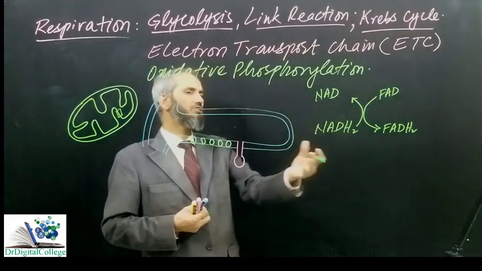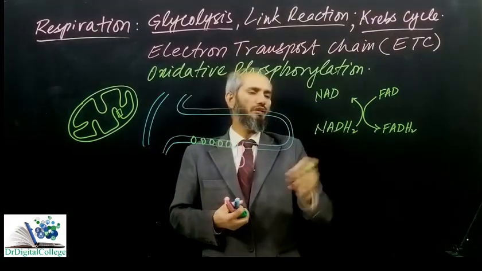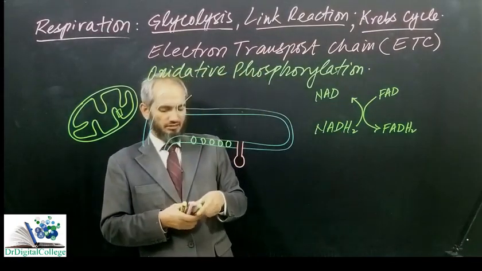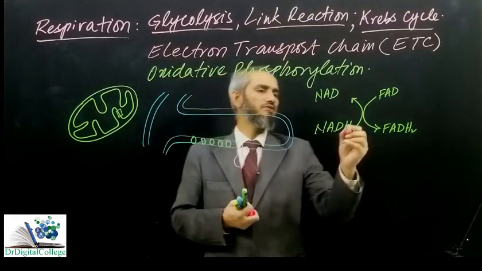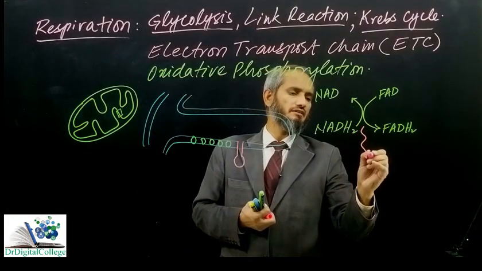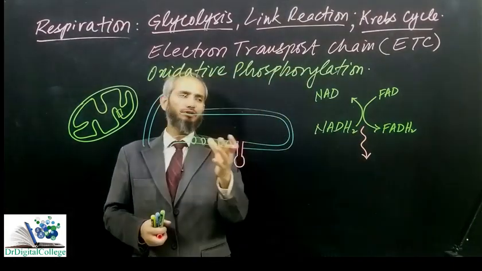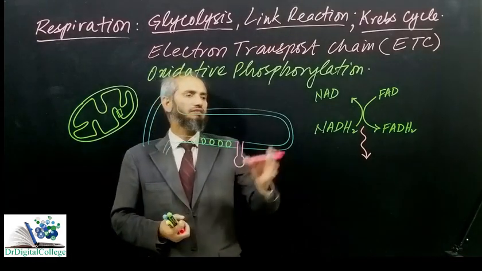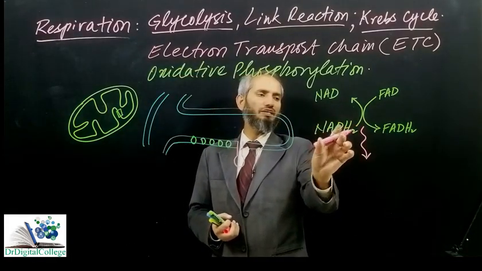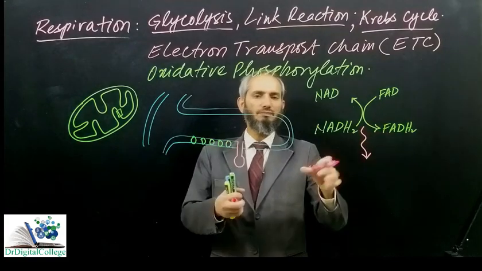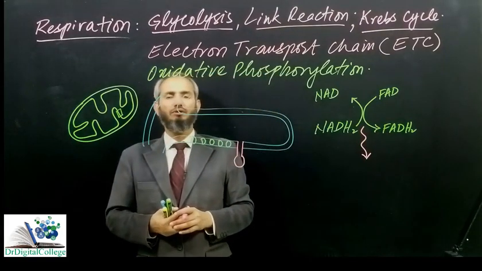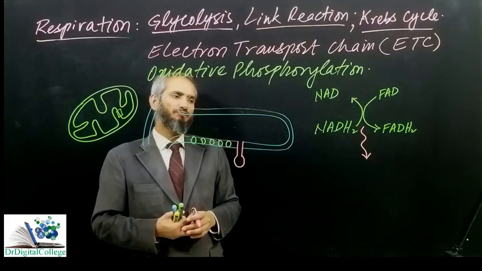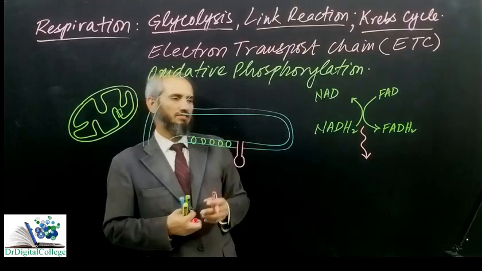Now there is an energy difference between NADH2 and FADH2, and we can see that some energy is given out at this stage. Actually there is no energy given out at this stage. This energy difference between NADH2 and FADH2 is being stored as electrochemical energy, which will be used at the last step.